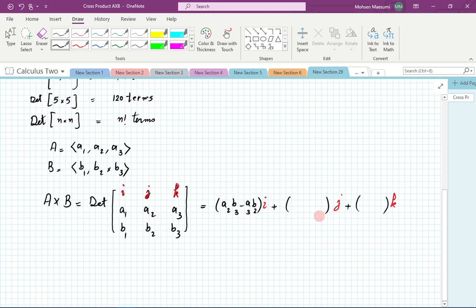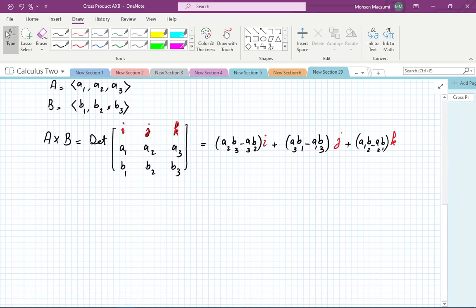The multiple of j is a3 b1 minus a1 b3, and the multiple of k is going to be a1 b2 minus a2 b1. So that is how we do the product of 2 vectors.